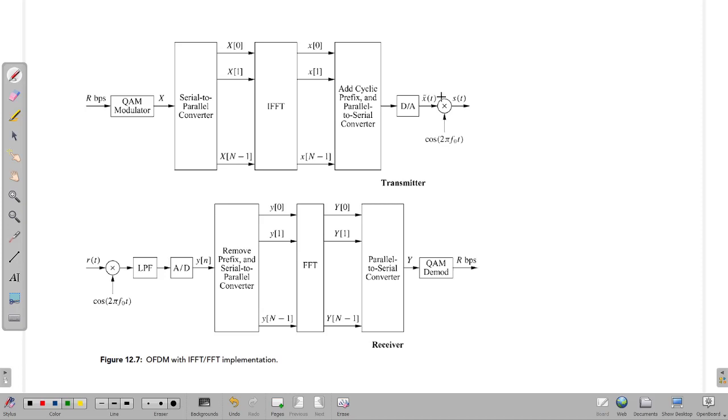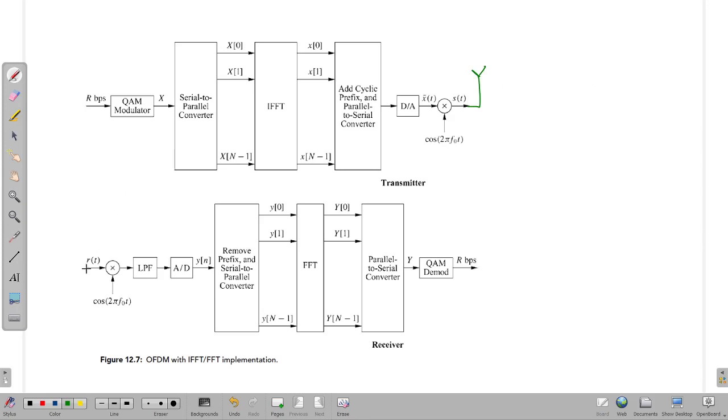The OFDM signal, which is baseband here, is translated to bandpass by multiplication with cos 2 pi f naught t, and you get s of t, the OFDM signal which is transmitted out from the antenna.